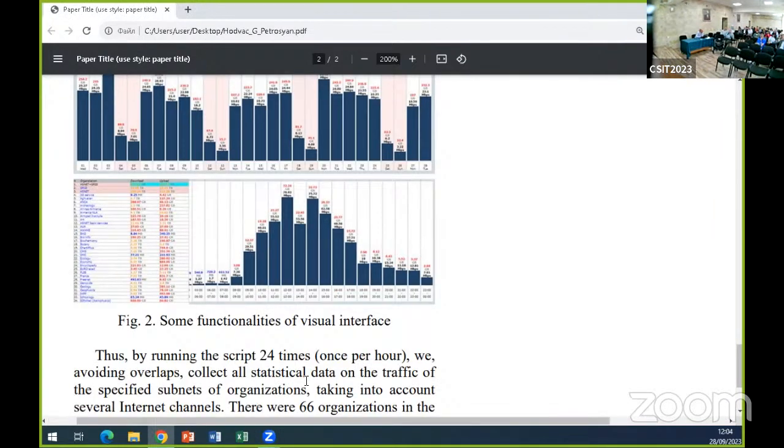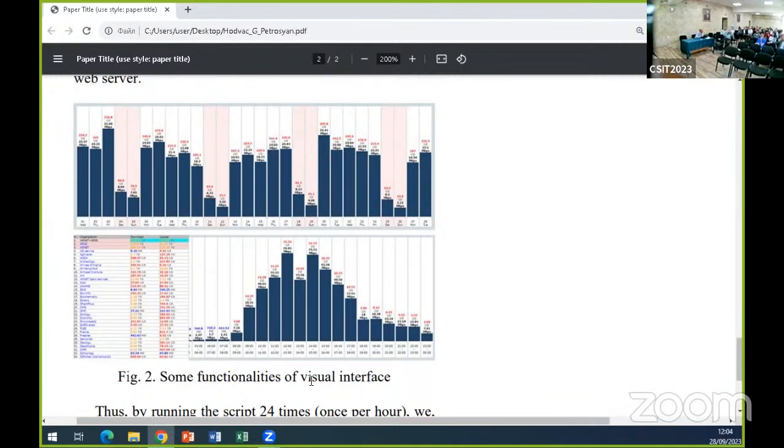Mainly, we are working with universities, then research institutes, and each of these institutes, depending on the complexity of their network, has its own graphs if they need them.